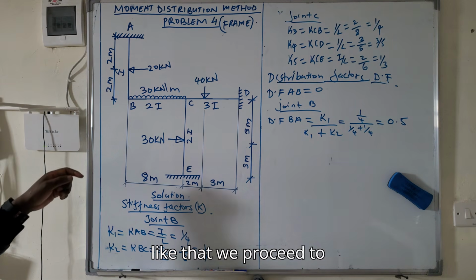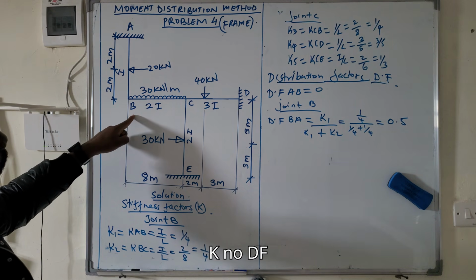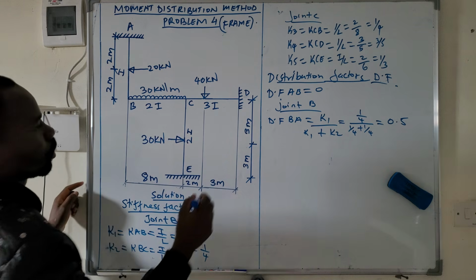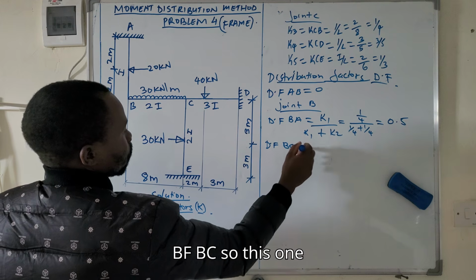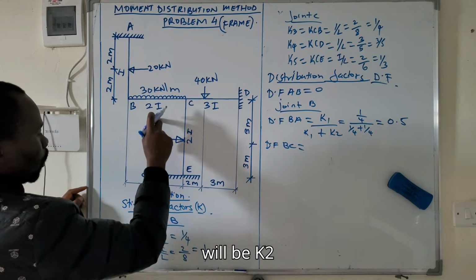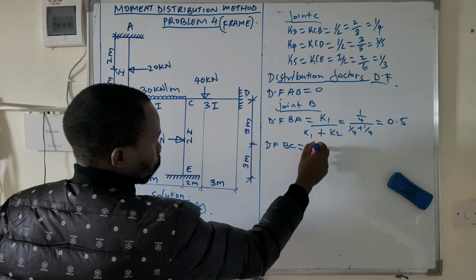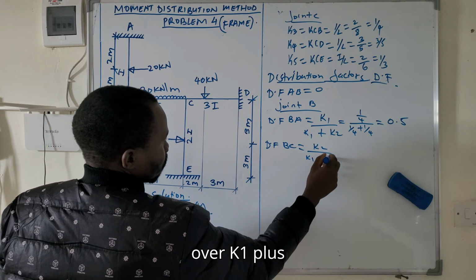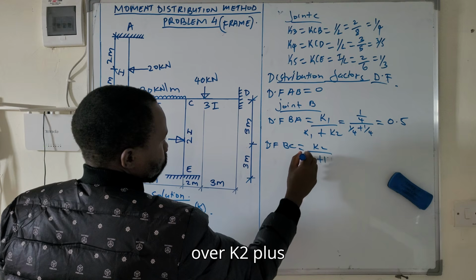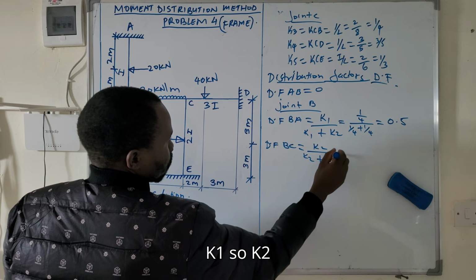We proceed to DF BC. This one will be K2 over K1 plus K2.